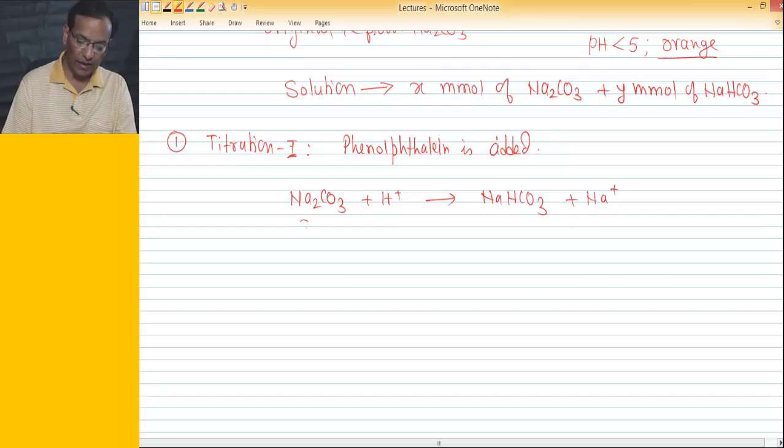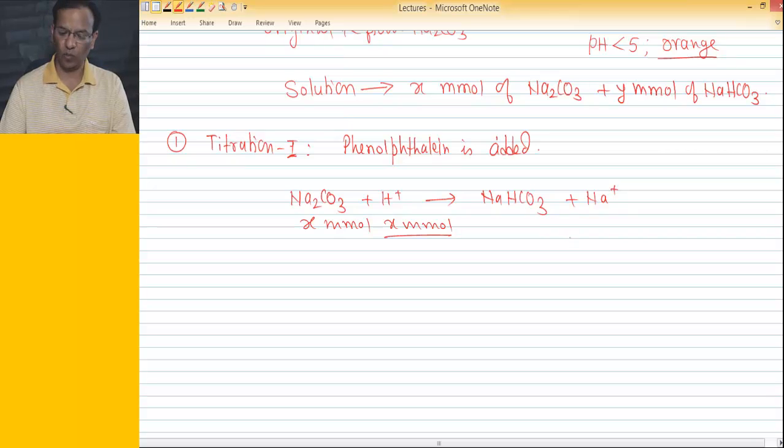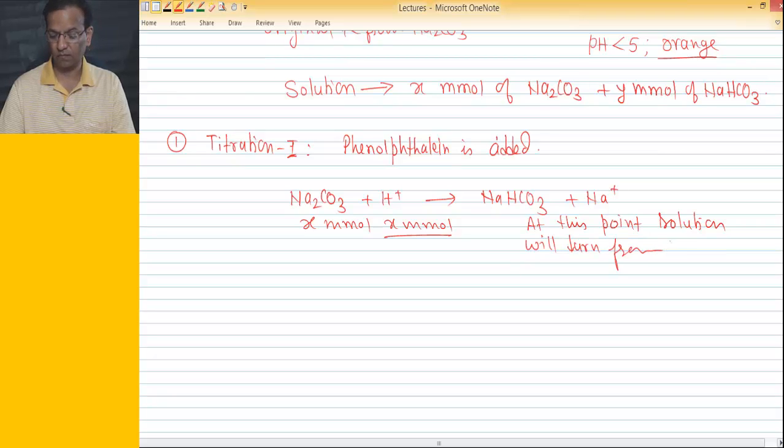So since we have x millimole of this, x millimole of acid will be required to reach this end point, and at this point the solution will turn from pink to colorless.